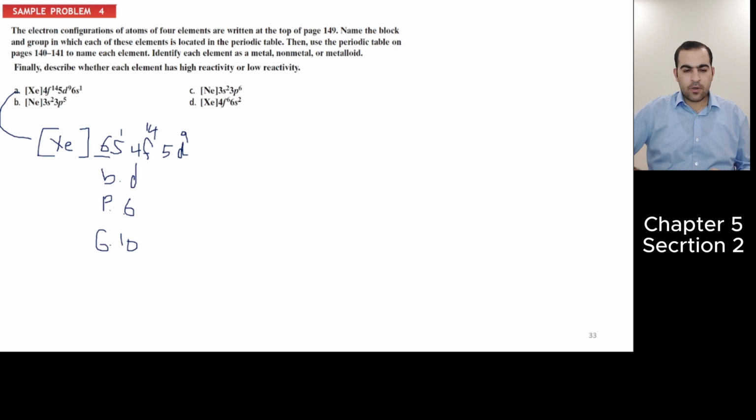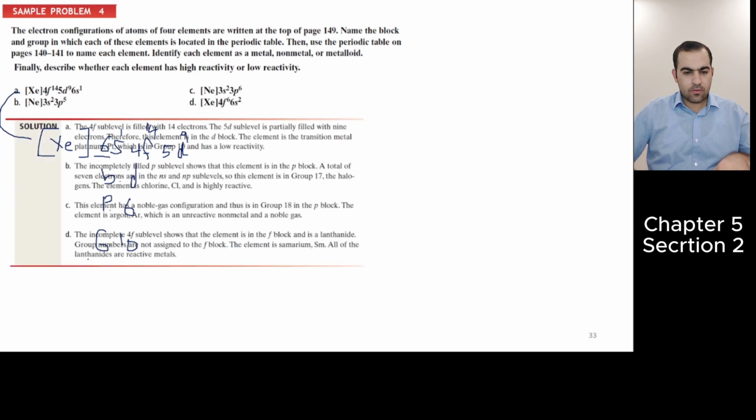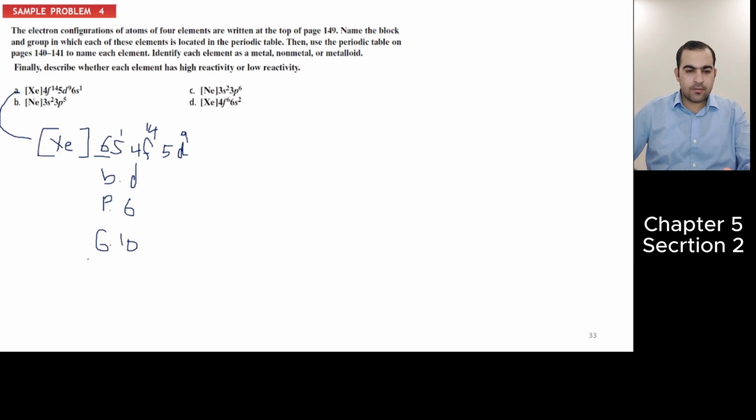Okay, this is period 6, group 10, and we need to look at the periodic table. It's platinum, and it tells you, is it metal or non-metal? We know it's D block. D block is what? It's metal.